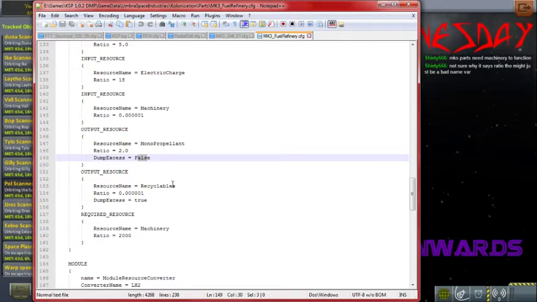It might be just a number rather than a ratio. Simple way of finding out is just continue to use it, and eventually you'll run out of machinery, and it'll come up and tell you. And then you just look in your resources tab, and if it says 2000, then it's a literal. If it says some other number, then it's a ratio.